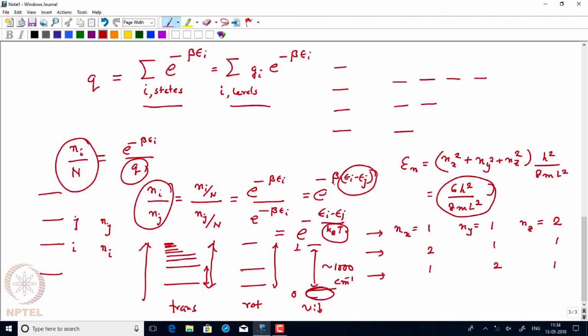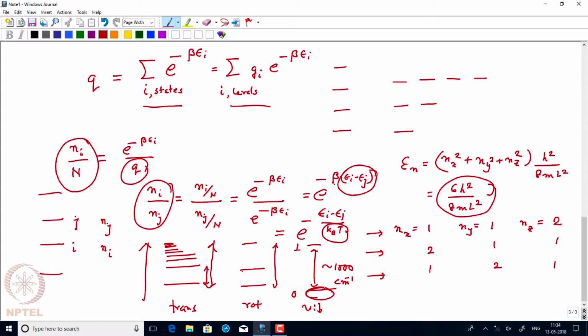But usually for translational and rotational partition functions, we treat them as if they are continuous. That is the meaning of this continuous distribution in the Boltzmann sense: if you talk about translational or rotational, you do not really see the quantum mechanical effect at room temperature, because many energy levels are populated, and because kBT is much higher compared to the energy levels.